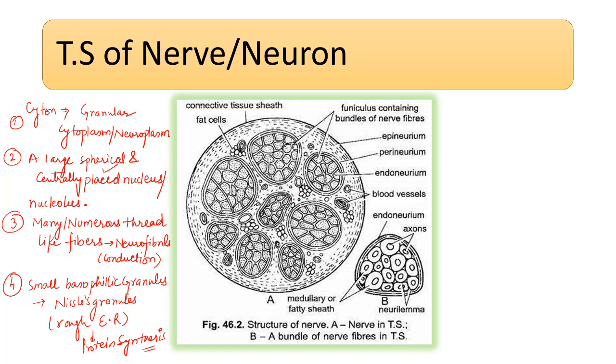Understood? The neuroplasm, which is present inside the cyton or the cell body, has a large number of mitochondria to provide high energy for impulse conduction.